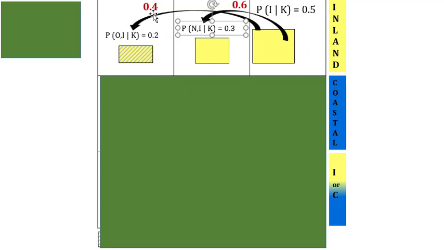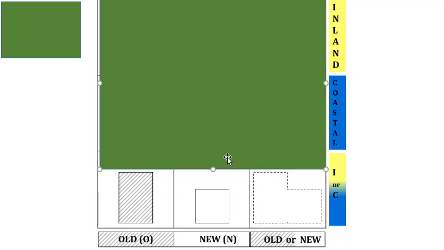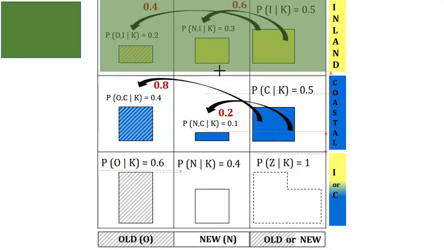And these two, which are conditional, add to 1, because they don't take into account the possibility of landing in the coastal area. Now let's consider the coastal area and ignore inland.